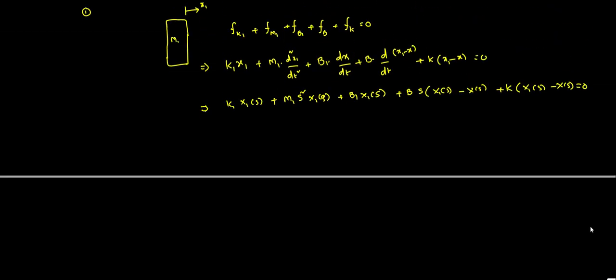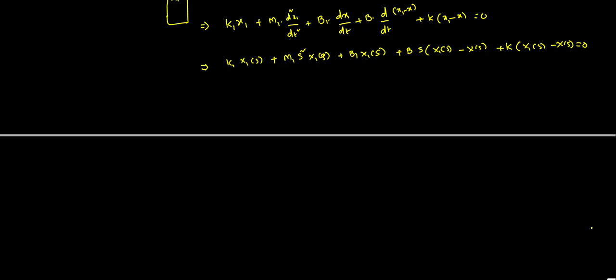So slowly we'll come back and then see. So here we have come. Now you can see here, we need to separate the x1 term and the x2 term.